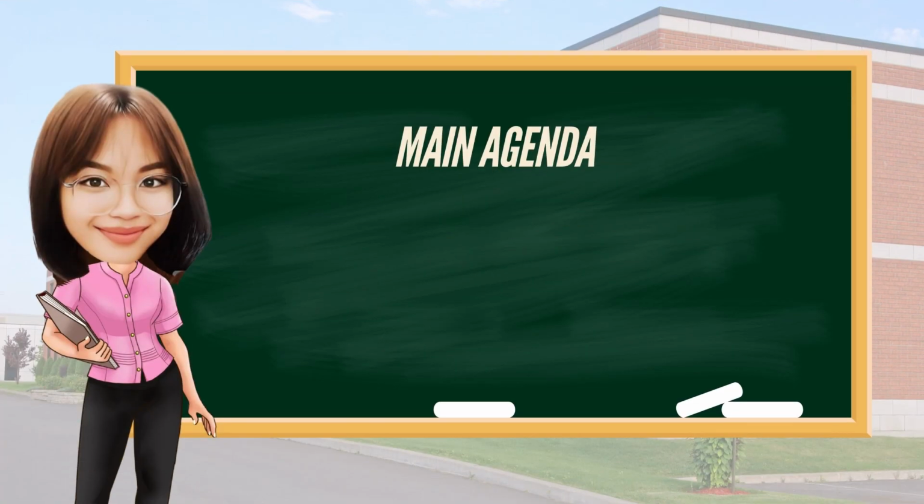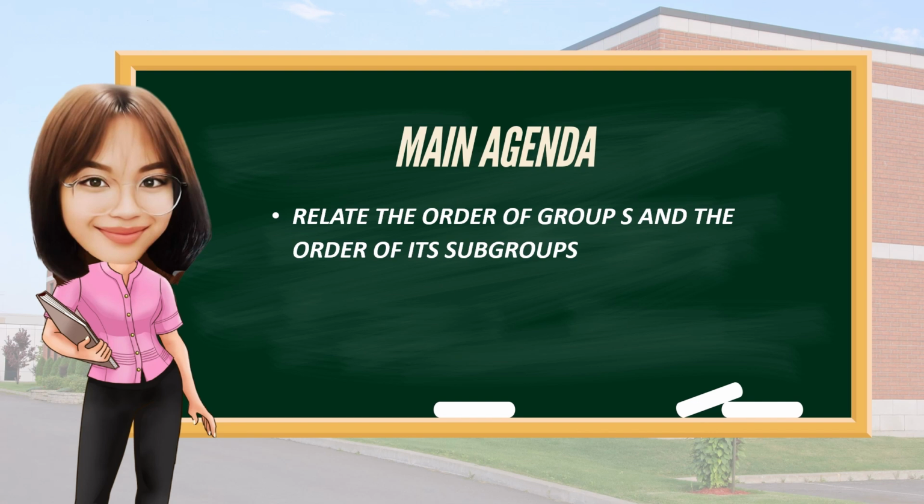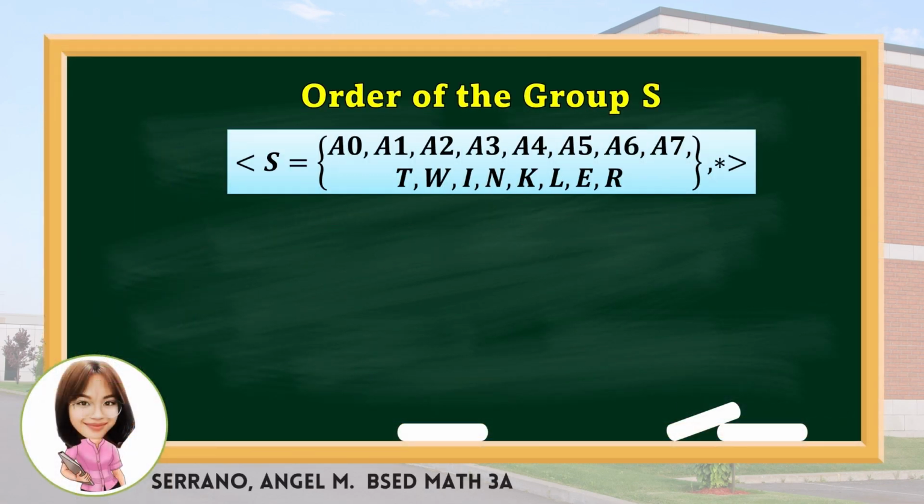So for today, our main agenda is to relate the order of the group S and the order of its subgroups. In understanding the relationship between the order of the group and the order of its subgroups, we begin by identifying the order of the group S, which is denoted by the cardinality of the entire group S, or the total number of elements in S. In this case, by counting, we have a total of 1, 2, 3, 4, 5, 6, 7, 8, 9, 10, 11, 12, 13, 14, 15, and 16.